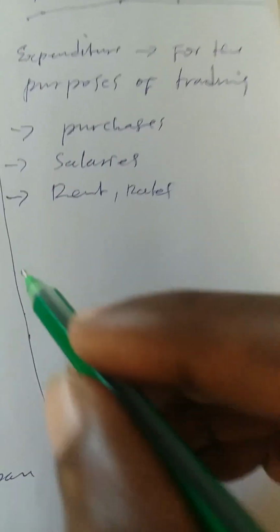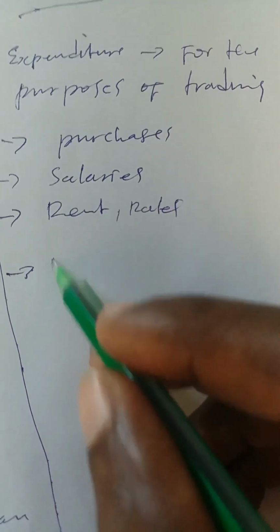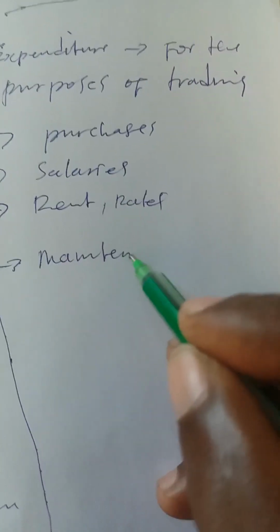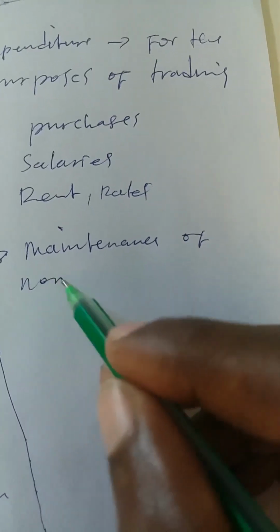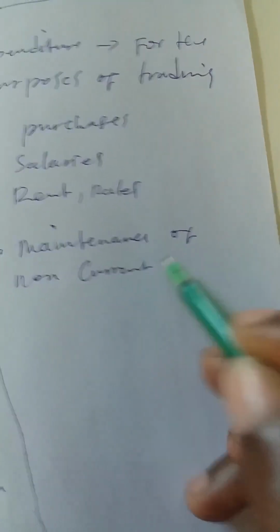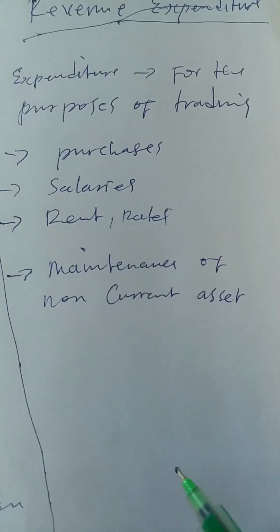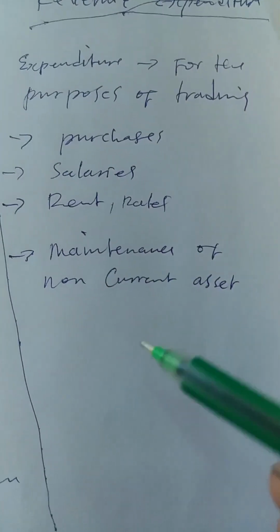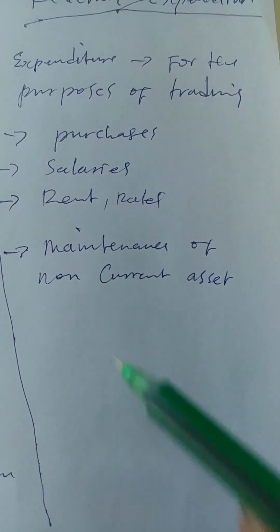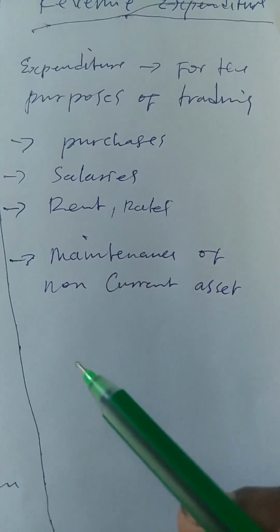And also expenses incurred for the maintenance of non-current assets are classified as revenue expenditure. Expenses incurred to maintain the earning capacity of a non-current asset are also classified as revenue expenditure.